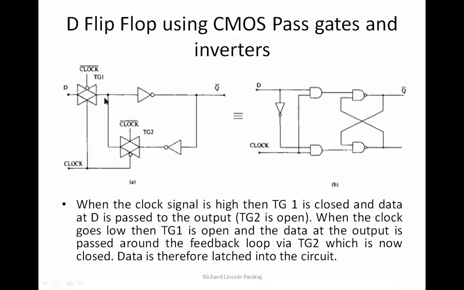Ultimately, the selection is going to happen between these two, and that is decided based on the clock. If it is a clock, then this is going to be enabled. So you should know that the clock signal is enabling or disabling the gate of your transistor.